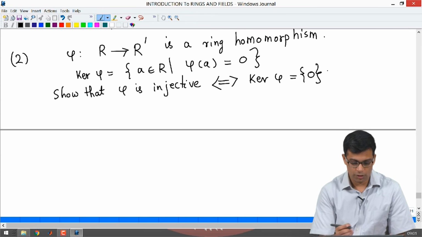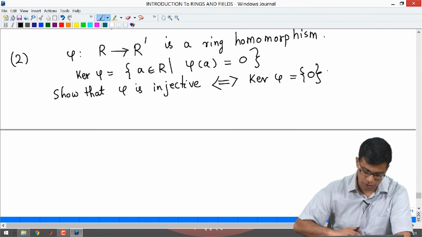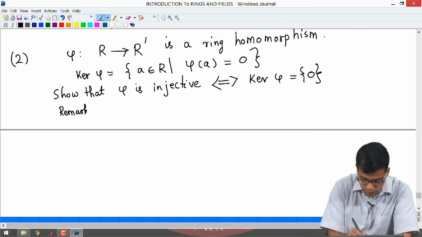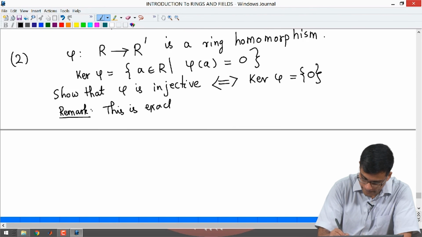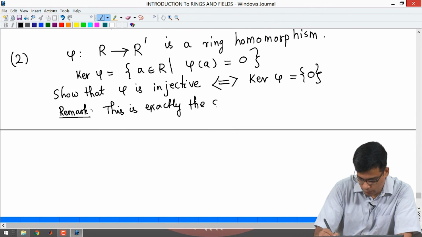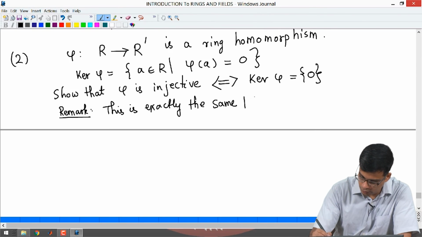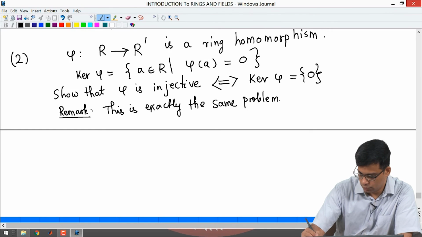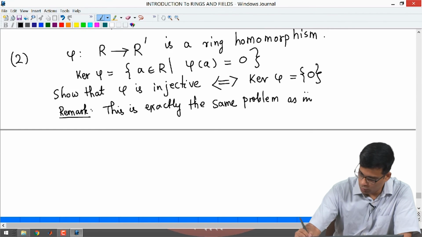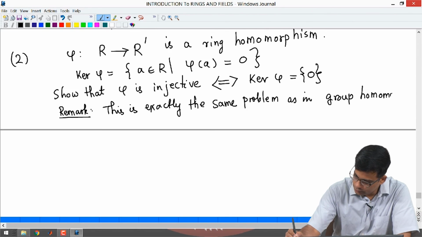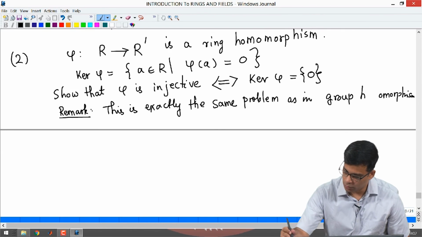If you have taken a course in group theory, I will remind you this is a remark for you: this is exactly the same problem as in group homomorphisms.